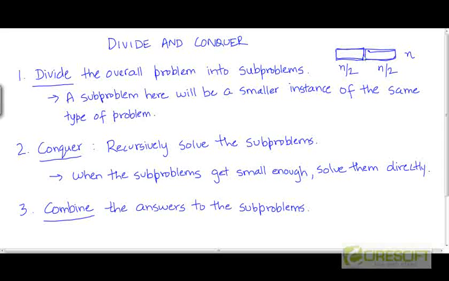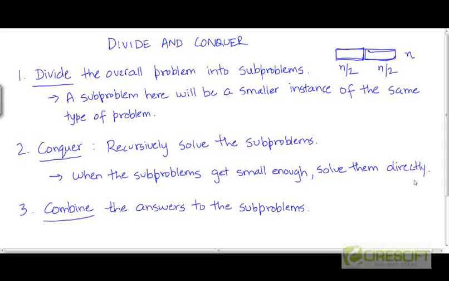So in the divide step, we divide the overall problem into a bunch of subproblems. Then we recursively solve or conquer the subproblems. If the size of the subproblem is sufficiently large, then we recursively solve the subproblems. That is, we again divide the subproblems into even smaller subproblems and then try to conquer them recursively. But if the size of the subproblems is small enough, then we can solve the subproblems directly without recursing.